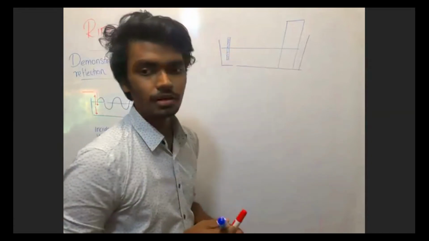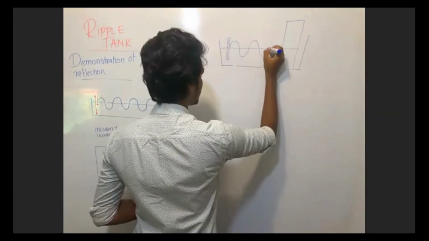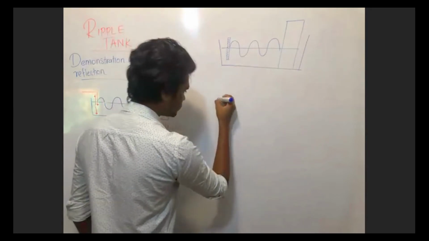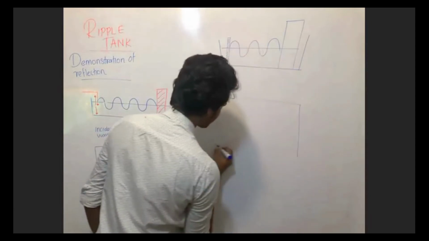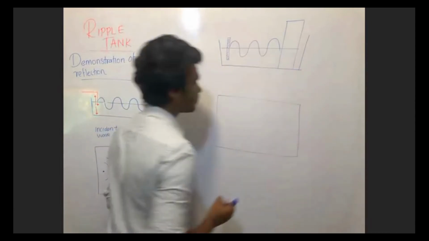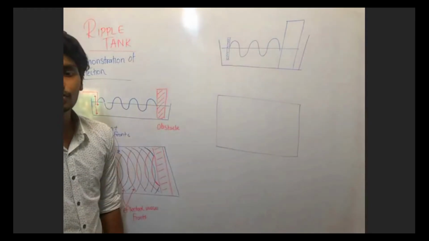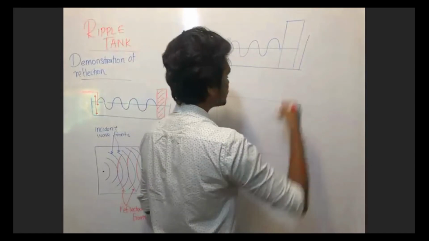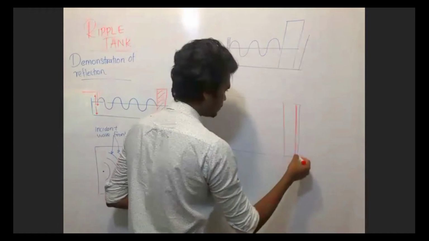You use a plain rod, and the wave will move forward the same way, but it's going to look like this. Of course, this is how the obstacle is going to be, right?